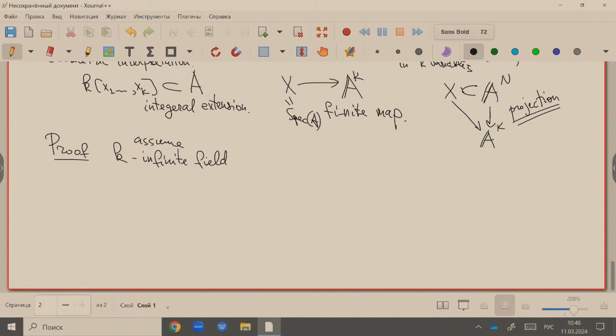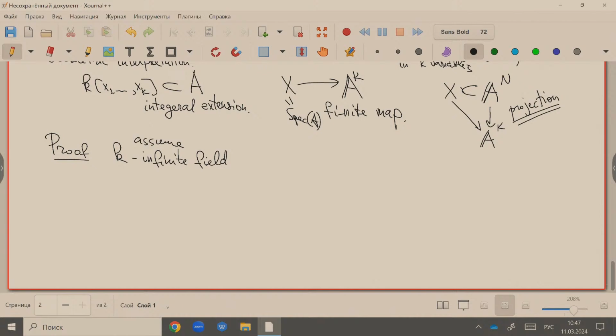Suppose you are interested in the solutions over a finite field. You can do a first approximation by considering the solutions over an algebraic extension of this finite field.